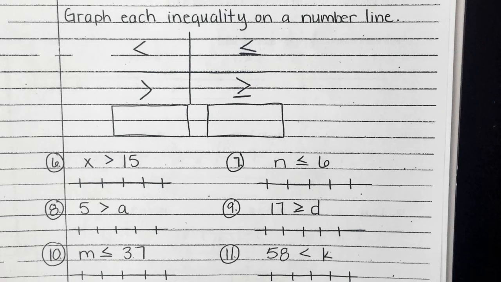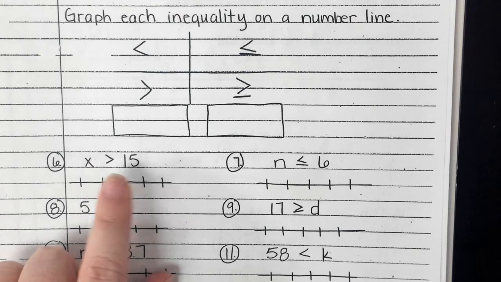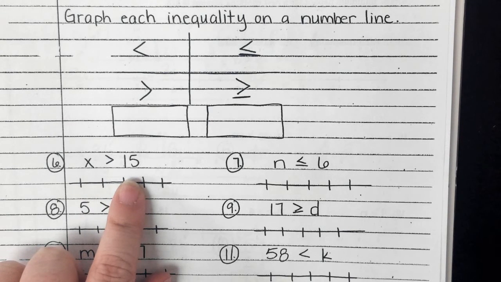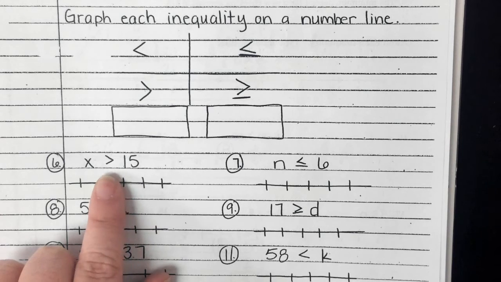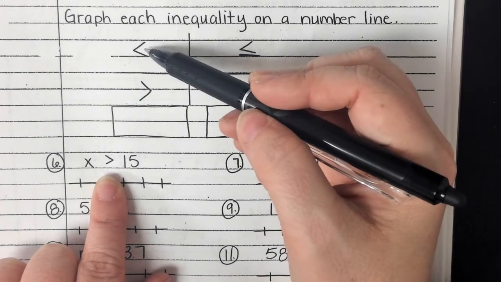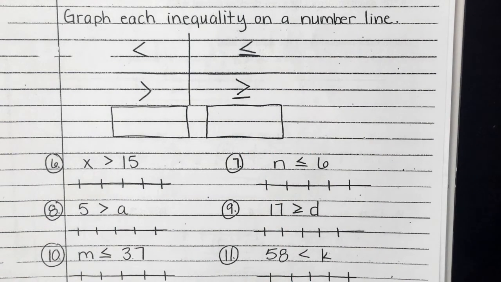But before we can talk about how to show all those other numbers, we need to talk about just the number, like here we're saying x is greater than 15. Can x be 15? No, 15 is important, but x cannot be 15. So on these symbols, like here, the less than or the greater than, where we don't have a line, we're not going to put a regular dot.